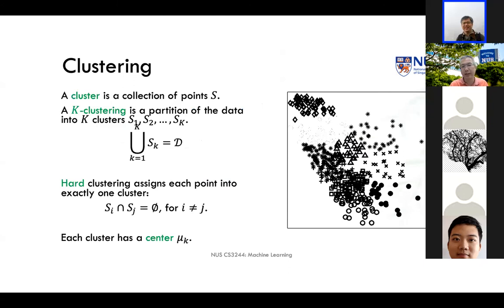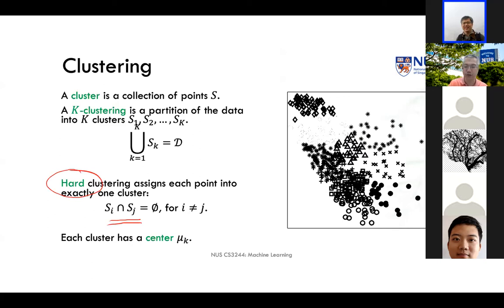So that is the idea of clustering. A clustering is basically a collection of points. We say that a K-clustering partitions the entire data set into K clusters, where the membership could be hard, meaning that all of the points need to belong to exactly one cluster. There is no intersection between clusters. Or we can also have a soft clustering, which we'll get to later.